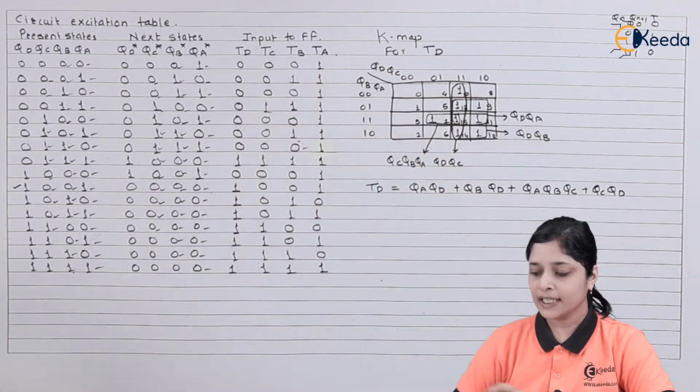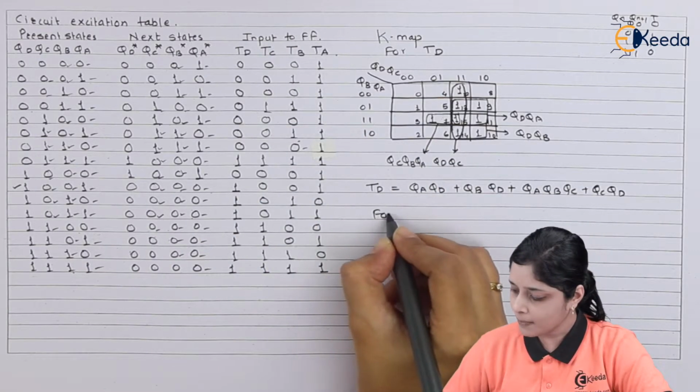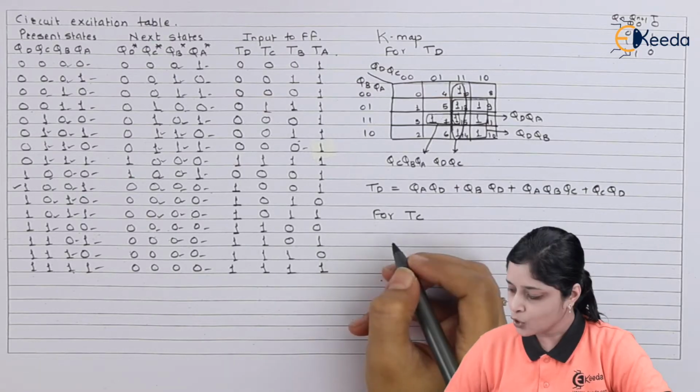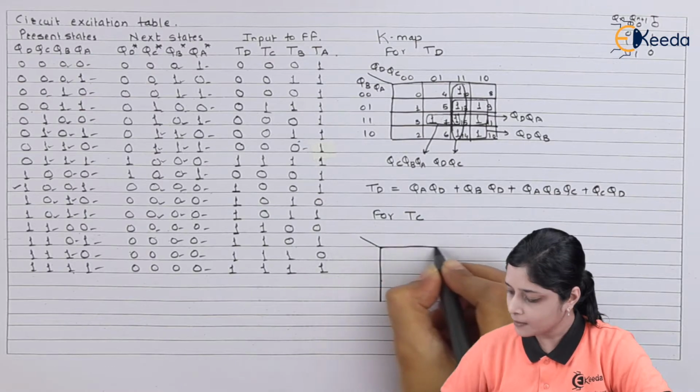This is for only TD. After that we will draw the K-map for TC. So we will draw a 4 variable K-map here.